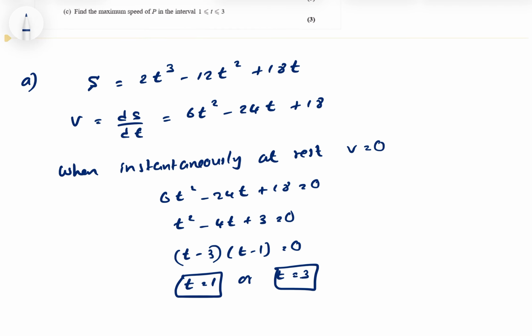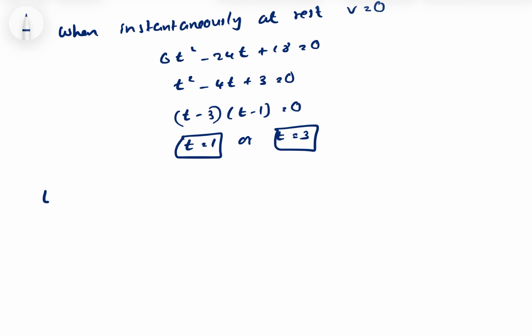Part B says find the total distance traveled by P in the interval 0 to 4. The distance given from O is s meters. When t equals 0, if you substitute t being 0 into the s function, s is 0.